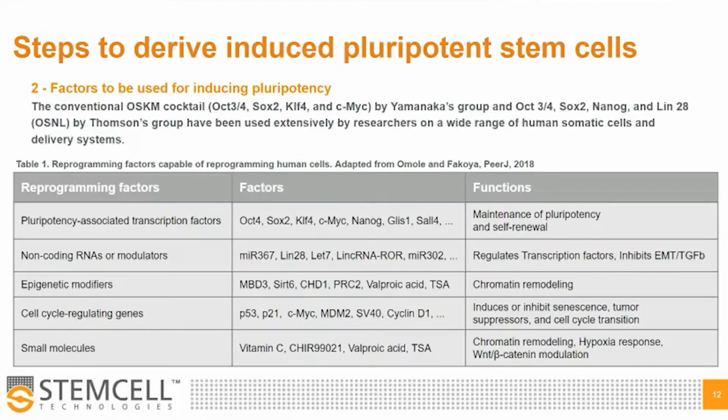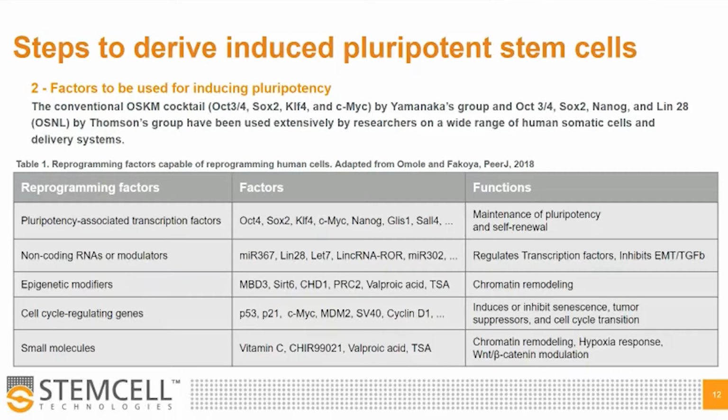Both Shinya Yamanaka and James Thomson's group determined that only a handful of factors are needed to reprogram adult fibroblasts to iPSCs. The conventional OSKM cocktail by Yamanaka's group has been used extensively by research on a wide range of human somatic cells and delivery systems.